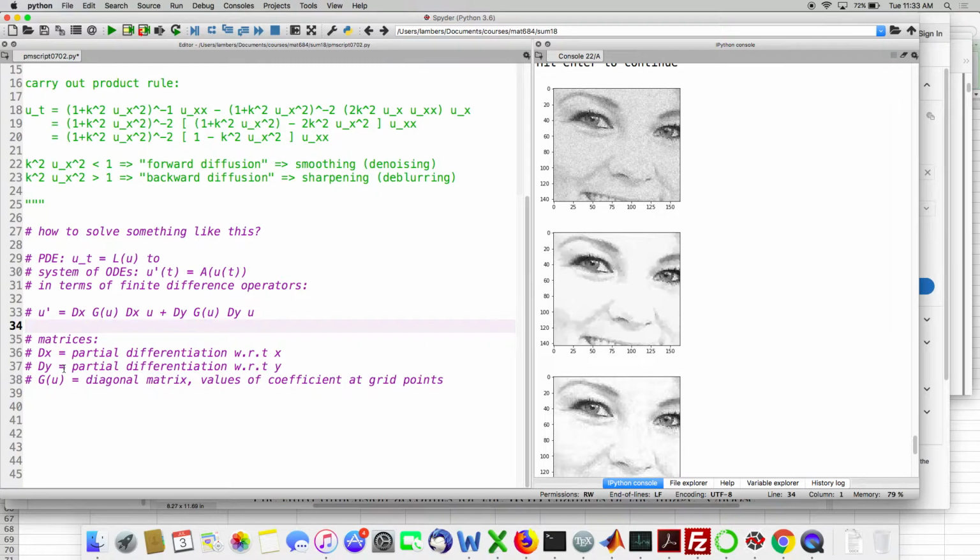So if you're representing functions by vectors, no matter how many dimensions they're in, 2 dimensions, 3 dimensions, 1 dimension, whatever, you represent functions by vectors. So here the diagonal of this is a vector that has the values of a coefficient at all the grid points, and so then you're just multiplying vectors together component-wise, and that's equivalent to multiplying a vector by a diagonal matrix that just scales each entry of the vector by the appropriate value.